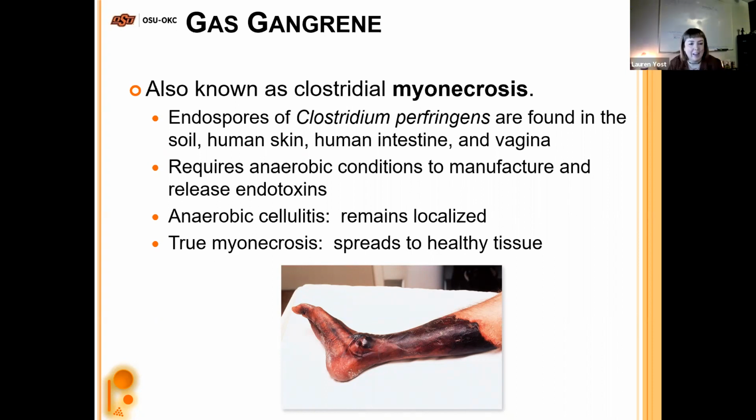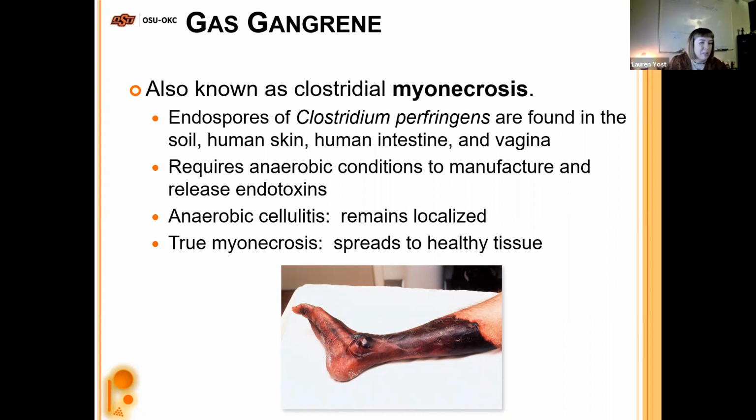Right, so this is an anaerobic, which means no air exposure, cellulitis, right? So inflammation, infection of the skin and everything associated with it. So in that case, we'll have a localized infection. And when we have true myonecrosis, which is actually incorporating the muscle deeper down and not just the skin layers themselves, it can spread into healthy tissues that weren't actually infected.